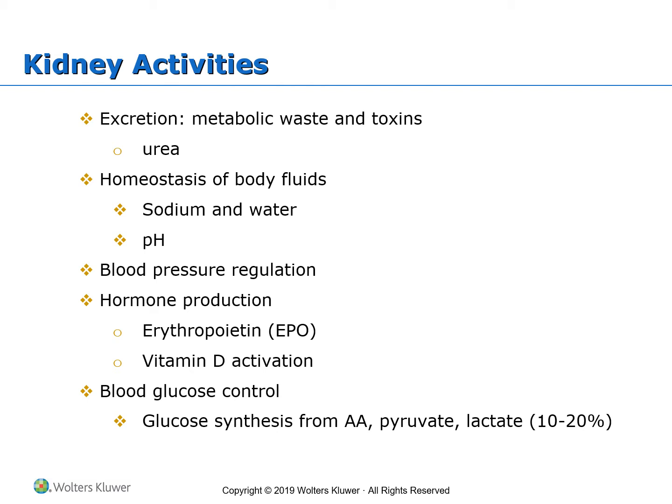So it's in very small quantities. It's only up to 20% and only in very certain conditions, because the liver is still the main source for synthesizing glucose from non-carbohydrate sources, but the kidneys also have this capability.